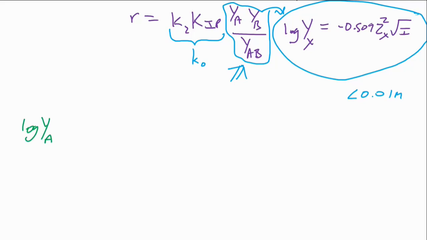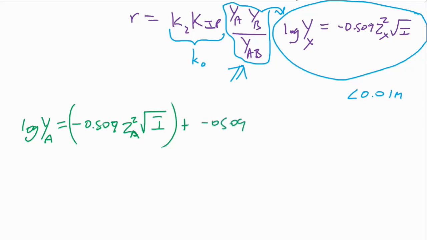is equal to minus 0.509 z, this is a 9 by the way, z A squared root I, plus this other expression now, which would be 0.509 z B squared root I. And you're going to see how all of this makes sense.